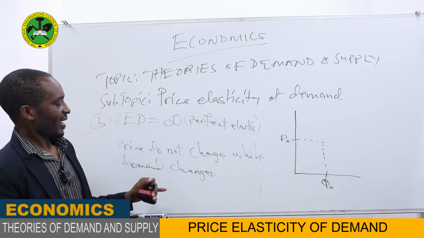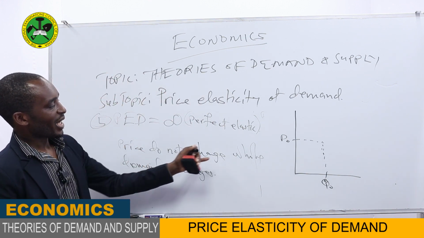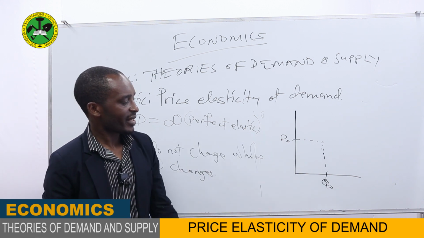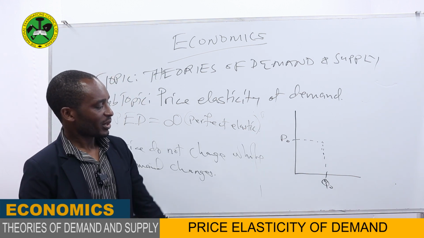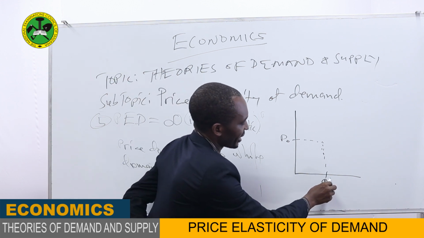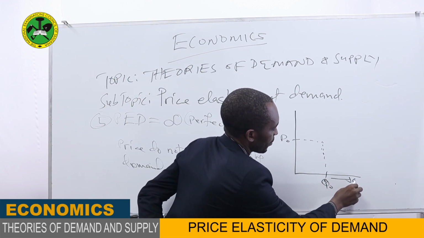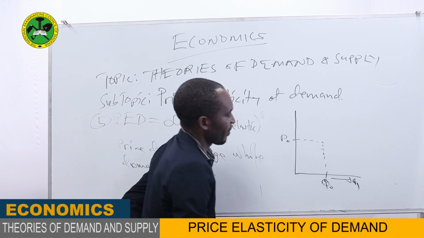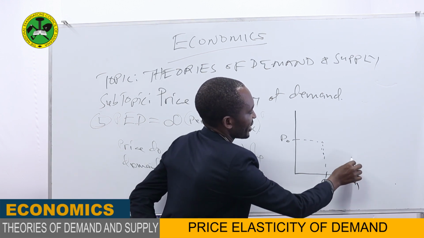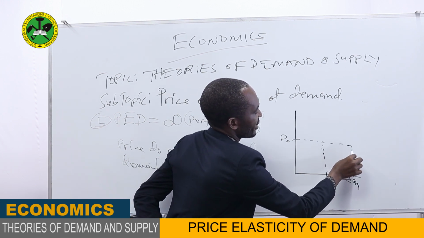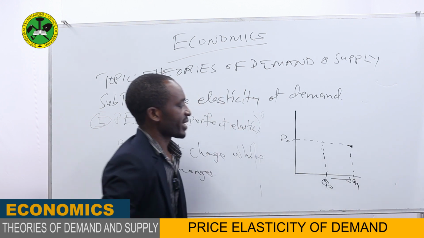Now, we said that under this, the price will remain fixed or will not change, but demand will change. So assume the demand will increase up to Q1, but still the price charged will remain the same.